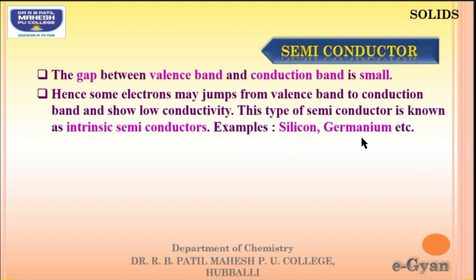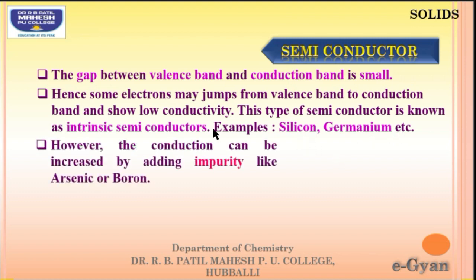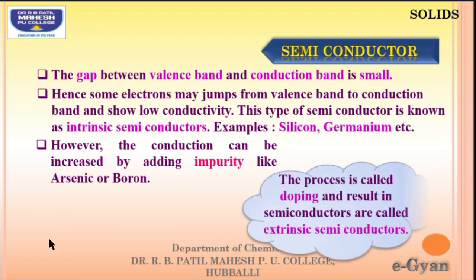Examples are silicon, germanium, etc. However, we can increase the conduction by adding impurities like arsenic and boron. This process of adding impurity to the pure lattice is known as doping. The resulting semiconductors are called extrinsic semiconductors.